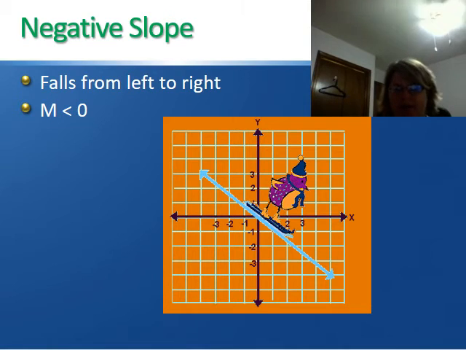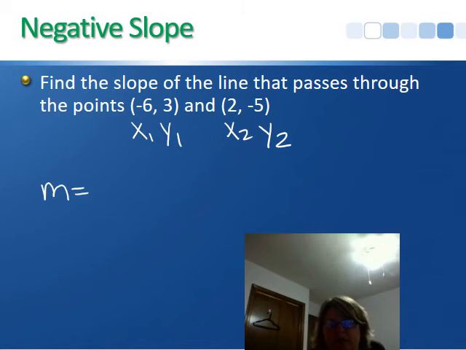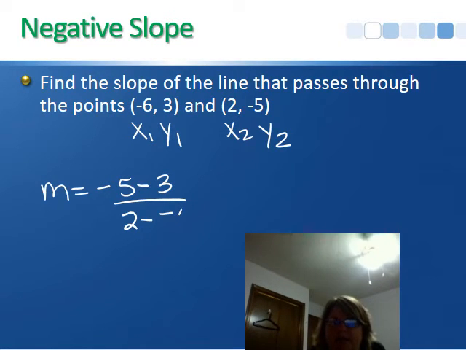Right, negative slope. So notice that if you scan across from left to right, the penguin is sliding down the hill. Right? So negative slopes, this is an example of things that have negative slopes. So x sub 1, y sub 1, x sub 2, y sub 2. M is equal to negative 5 minus 3 over 2 minus a negative 6, right?